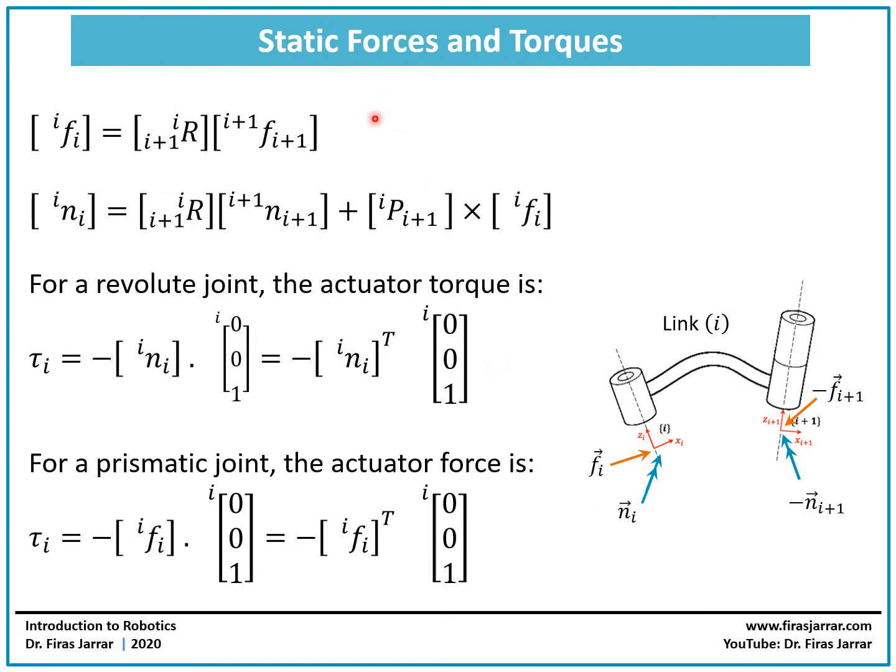Consider a revolute joint. If I'm talking about the actuator torque, this is the component of the moment vector that is not resisted by the structure itself, because we know that a revolute joint, from the definition of a joint, should allow a rotation about the z-axis.